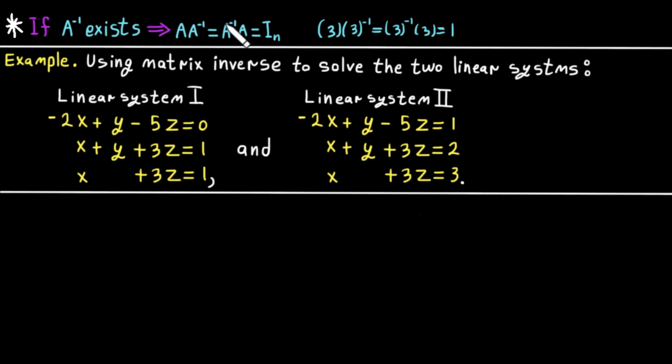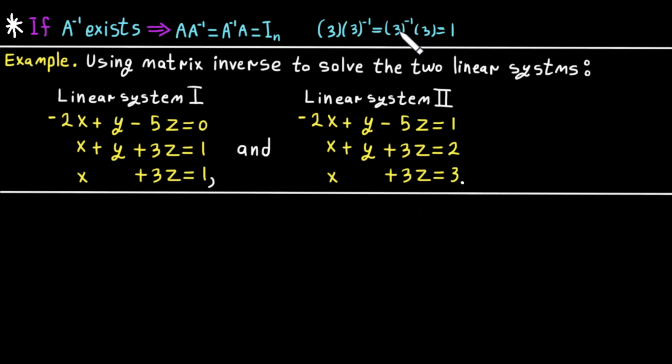It's the same here, but it's a matrix, not a number. A matrix multiplied by its inverse equals the identity matrix, so you should always get the identity matrix. It's almost the same as a number multiplied by its power -1.